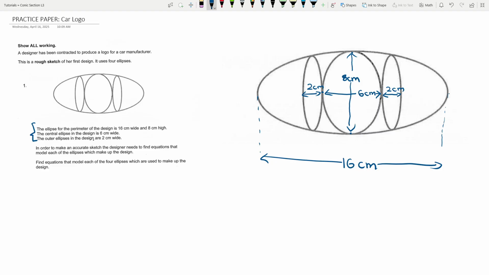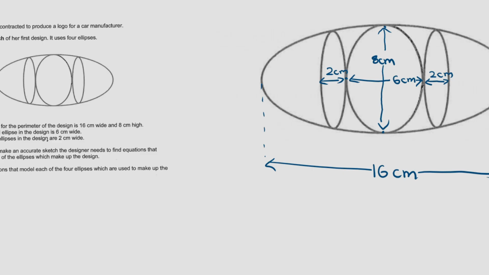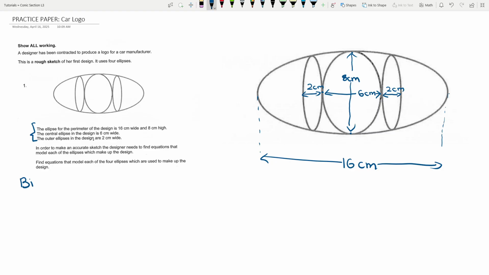Let's start with the biggest ellipse because yeah, why not? So we know, let's put down the features we already know. So center is, we are going to make the center here, which is 0, 0.